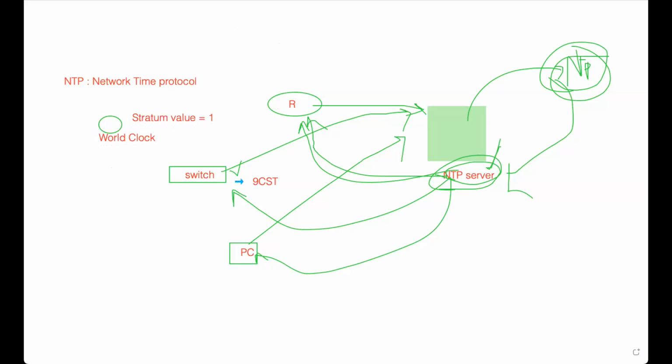Stratum is nothing but the number of hops to reach the original time source. For example, let's say there is one more NTP server, and this is your PC.